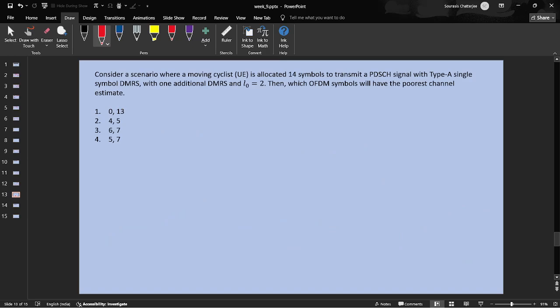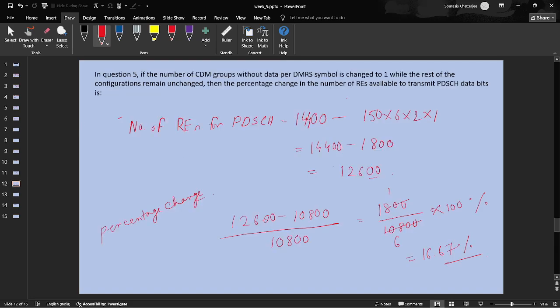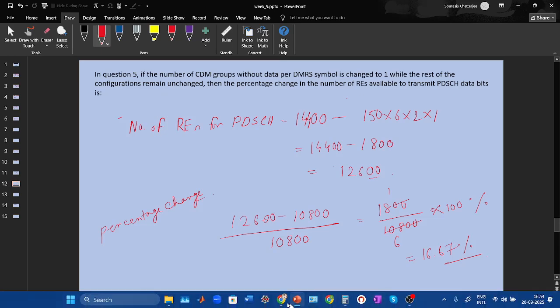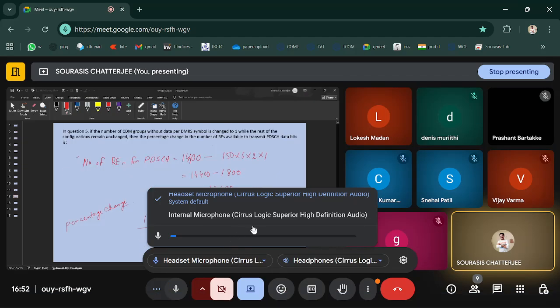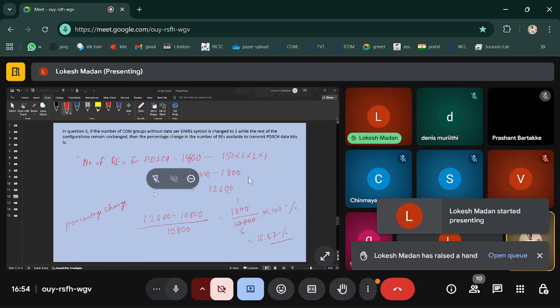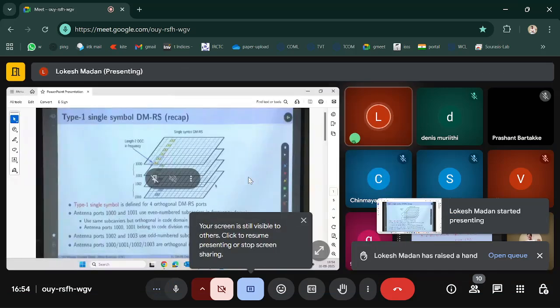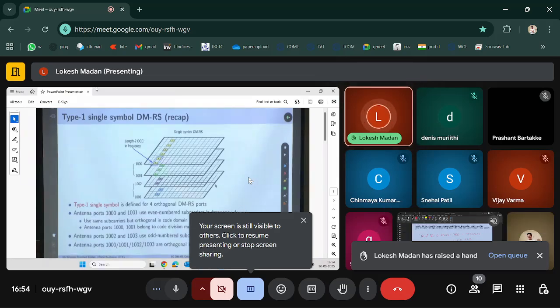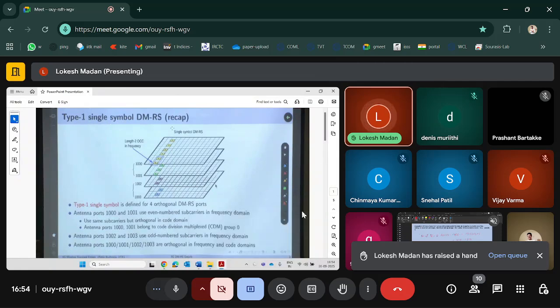Now here we are supposed to... I have a question on the previous one. Yes, sure, I'm sharing my desktop. I hope it's visible. Yeah, it's visible. So actually in the previous question, we are talking about a type 1 single symbol DMRS. Whenever we have type 1 single symbol DMRS, it is defined with 4 orthogonal DMRS ports.